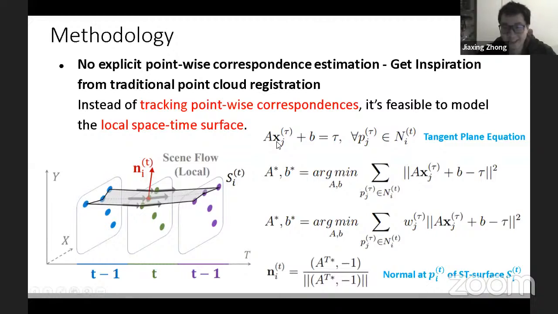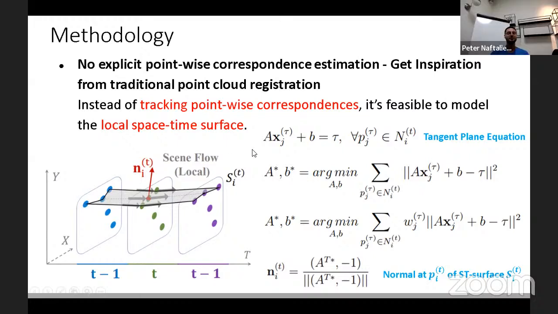So it doesn't matter too much in the real implementation, but for the mathematics, it's a useful mark.